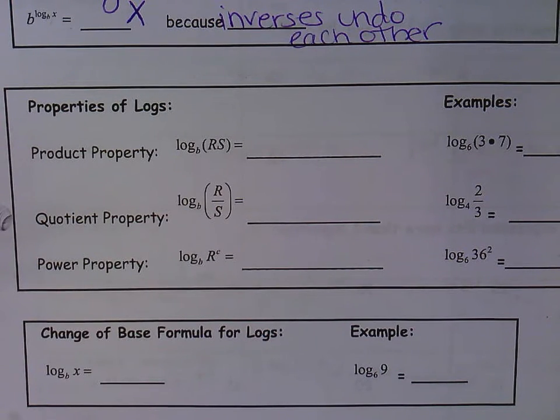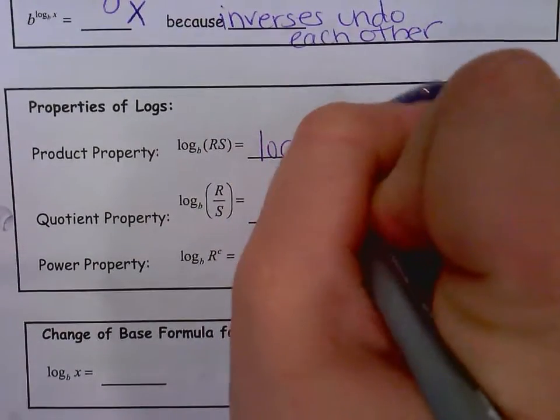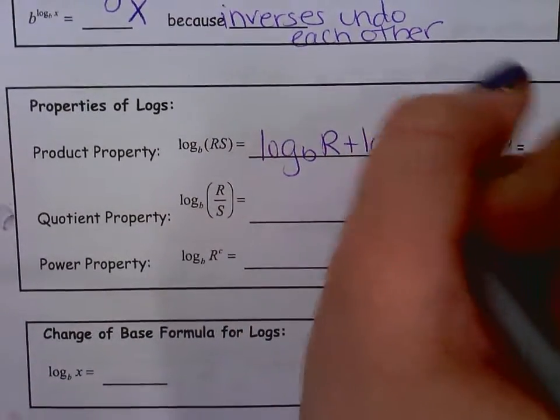Okay, so if multiplication we use addition for, and division we use subtraction for, those go together in log world as well. So here you're multiplying inside the log, so you're allowed to add outside the log. So I can split this up into two separate logs with addition.